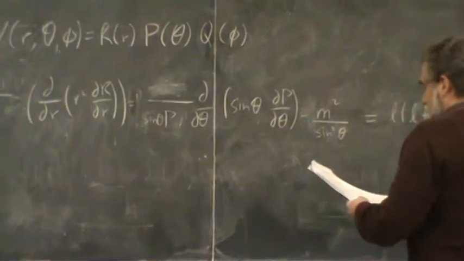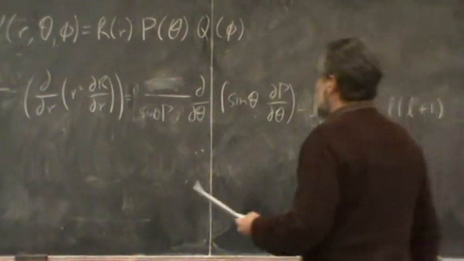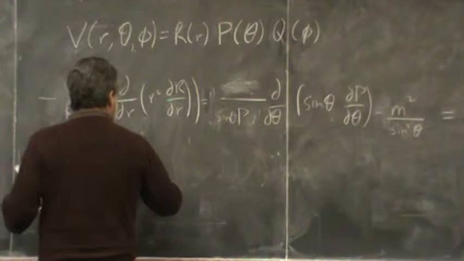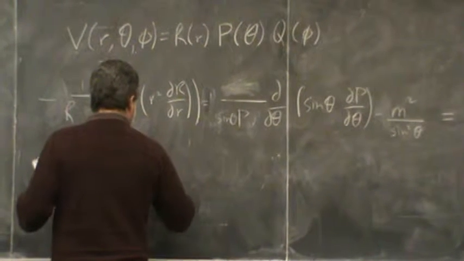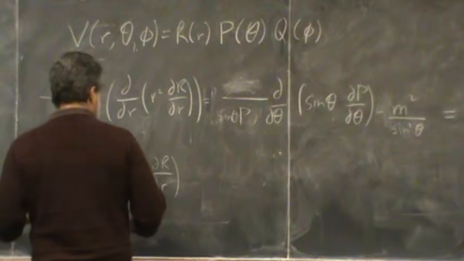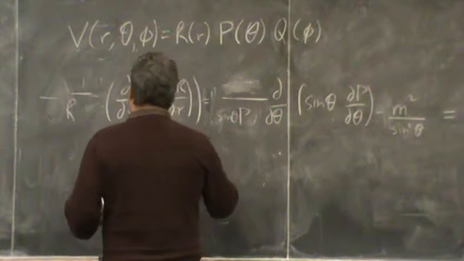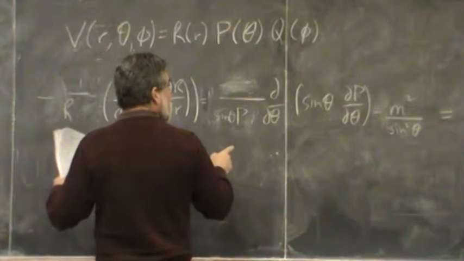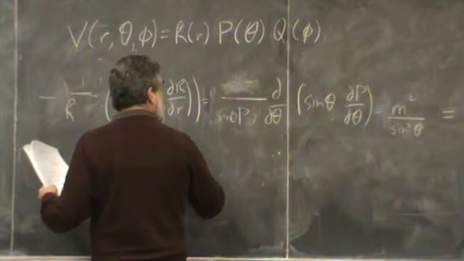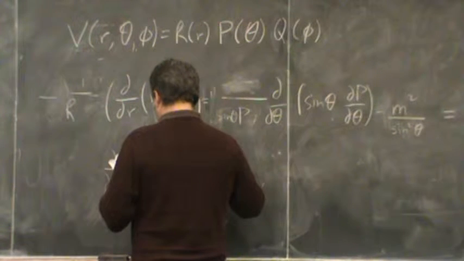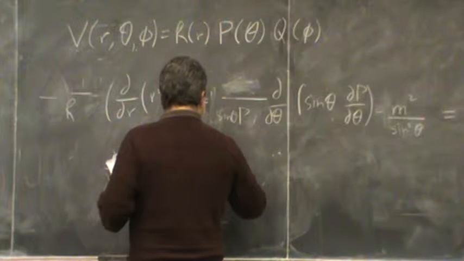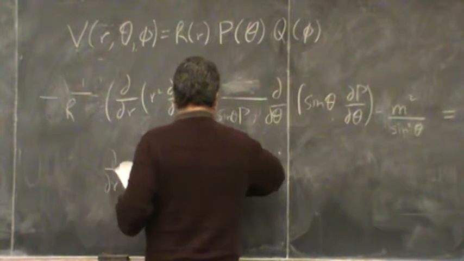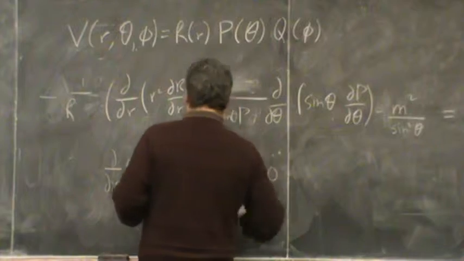So I have my two equations now. I have d by dr, r squared dR/dr, minus L times L plus 1 times R, equals 0.